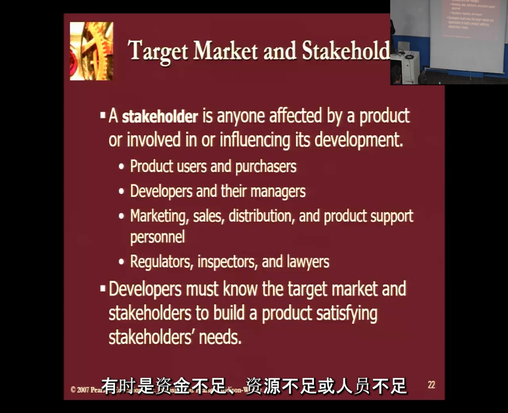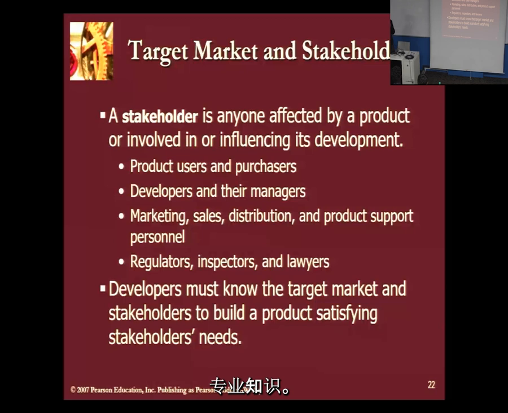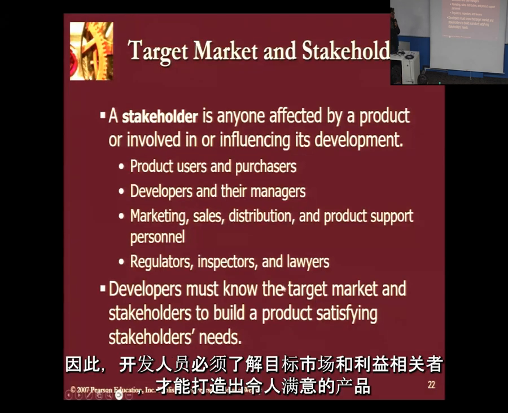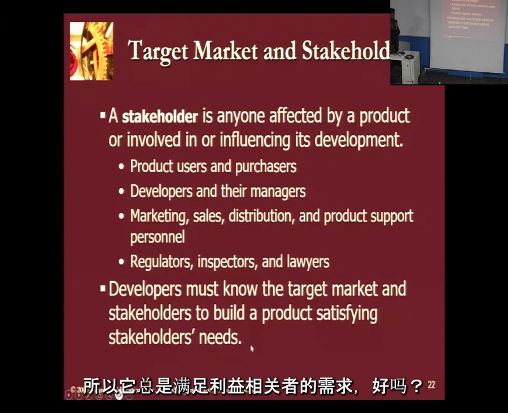Sometimes it's improper funding, inadequate resources, or staff's expertise. Developers must know the target market and stakeholders to build a product satisfying the stakeholders' needs. So it always comes down to the stakeholders' needs, okay?